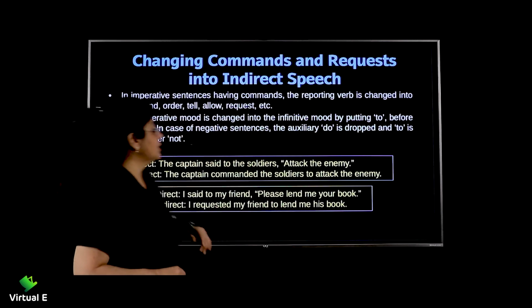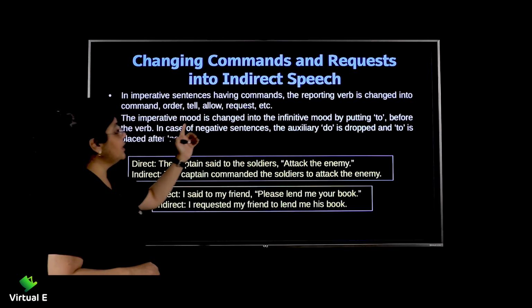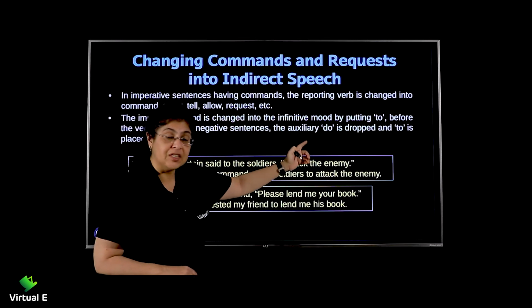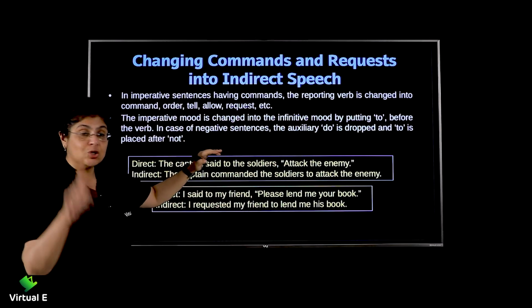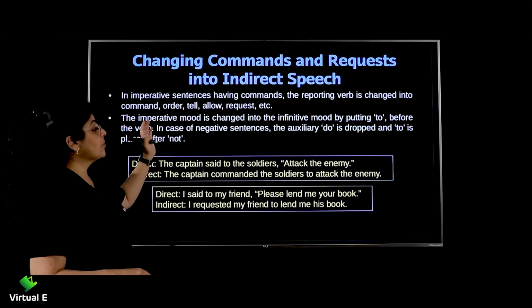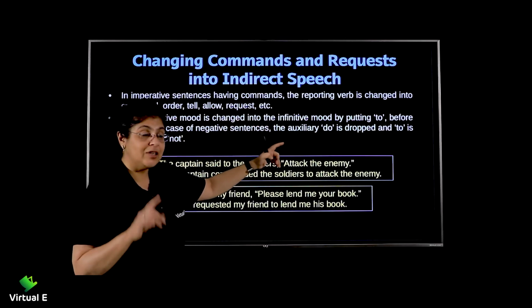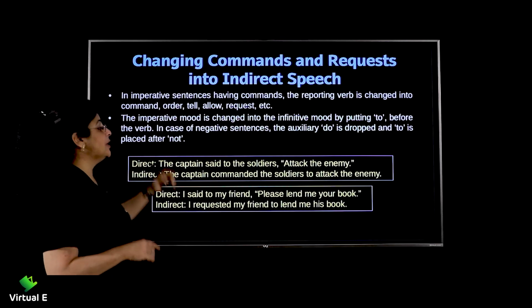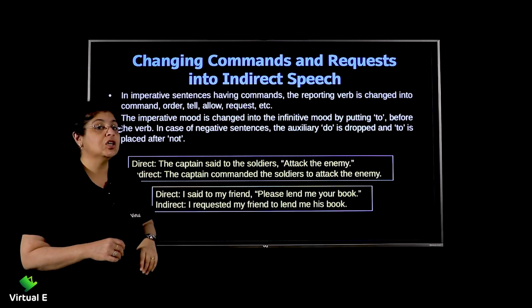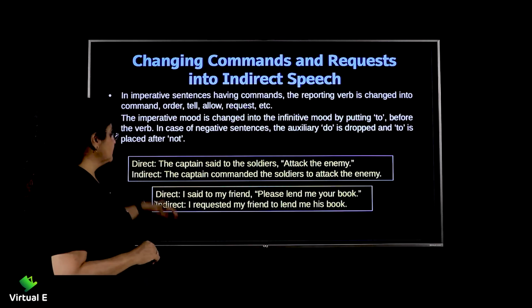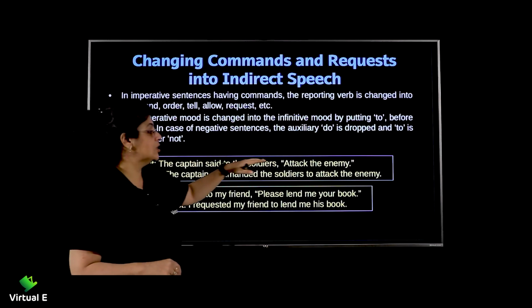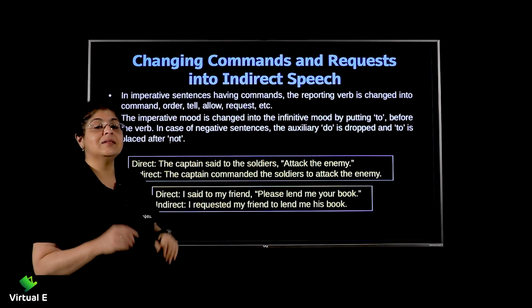So to plus verb makes it an infinitive verb. Okay. So in this case, the imperative mood is changed into infinitive mood by putting to before the verb. In case of negative sentences, the auxiliary do is dropped and to is placed after not. Let's watch. The captain said to the soldiers, attack the enemy.